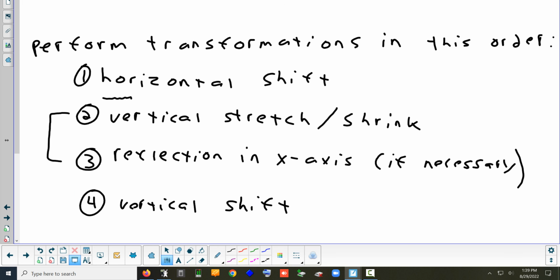So let's go back and do an example and make sure we do the transformations in the right order. Does the vertical shift go last and the horizontal go first? It's like if we had a parabola, 3 times (x minus 2) squared plus 4. Think about the last thing you would do with order of operations.